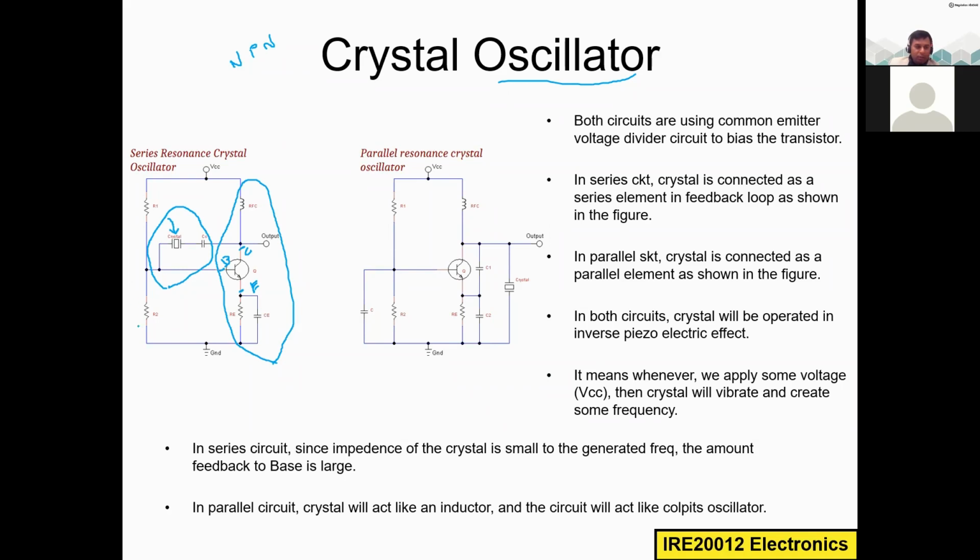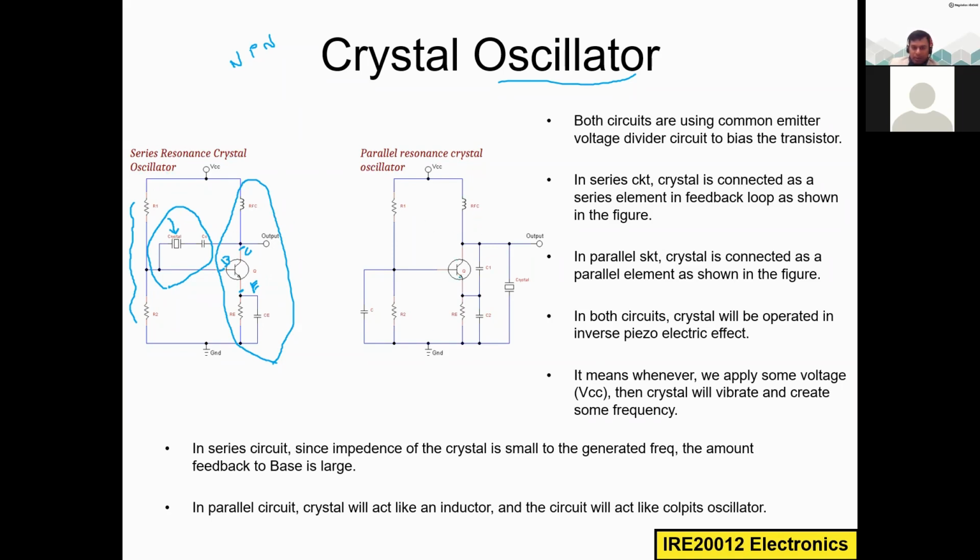And we have R1 and R2. This acts like a potential divider to give biasing stability to this transistor. Remember, the potential divider R1 R2 is mainly for biasing this transistor. That is the circuit construction of this series resonance crystal oscillator. Then what is the circuit construction of the parallel resonance crystal oscillator? It's kind of similar.